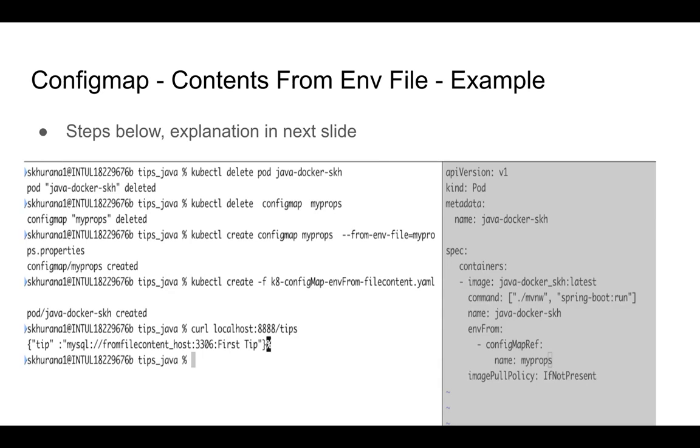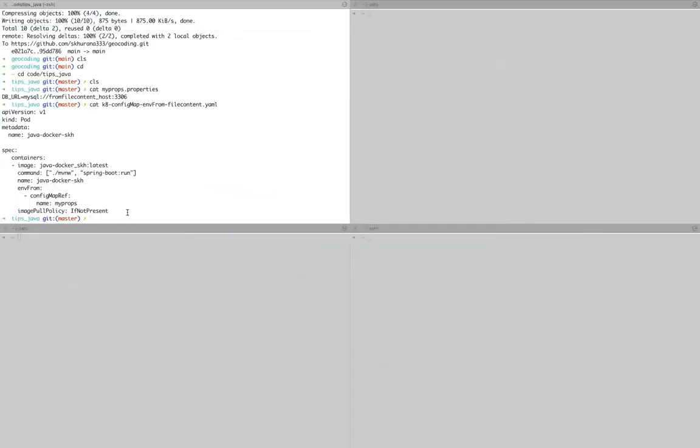So we'll go step by step. If you have not deleted your pods, delete those. Let me check if I have any pod running. kubectl get pod. I think I have. I was trying something.